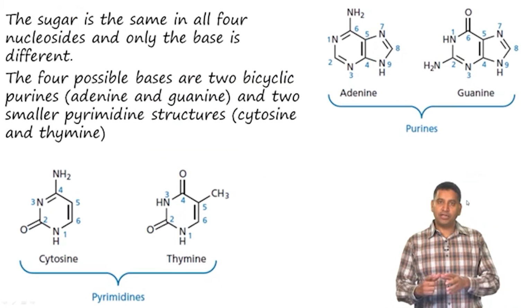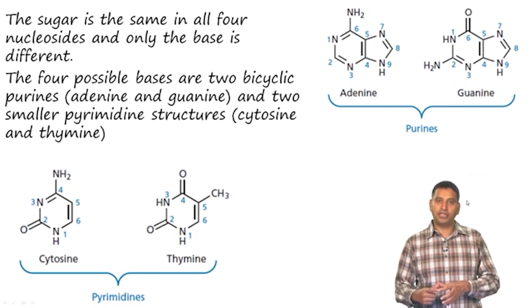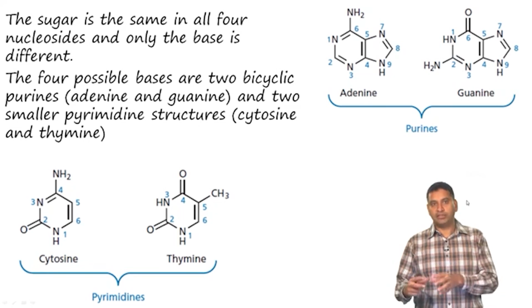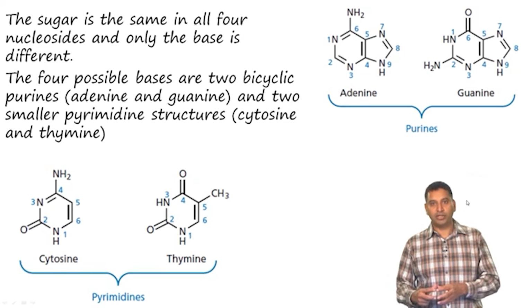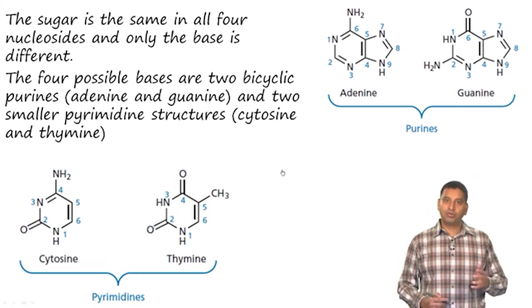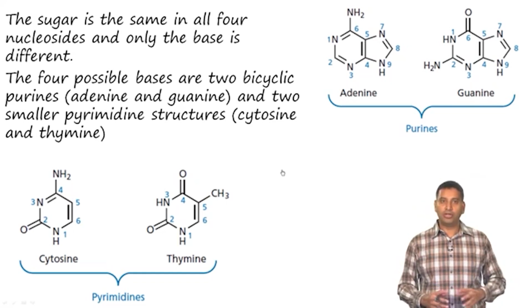If you look at the fundamental component of the DNA, it contains a base. There are 2 bicyclic purines, which are adenine and guanine, and there are monocyclic pyrimidine structures, which are cytosine and thymine. The sugar is the same in all 4 nucleosides.